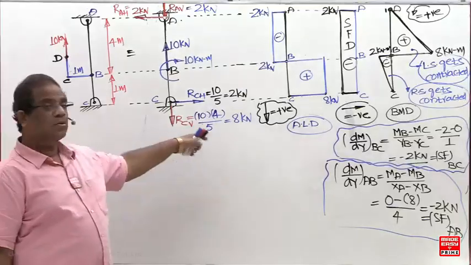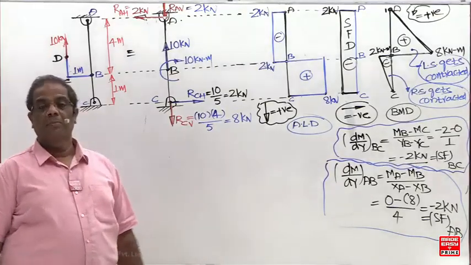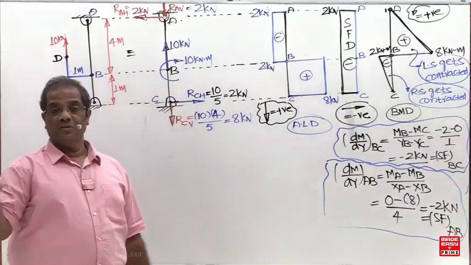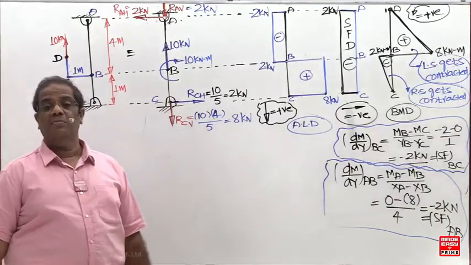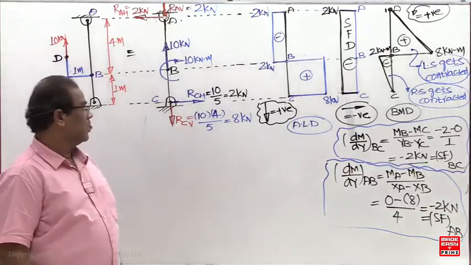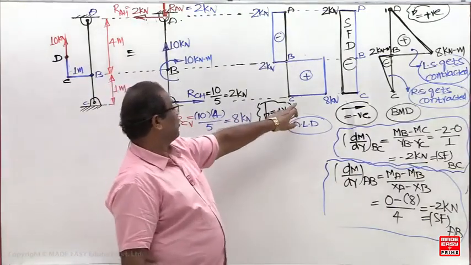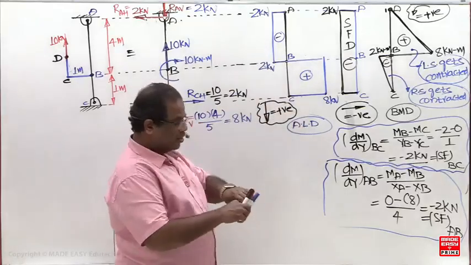In the workbook, a similar question is there. I slightly modified it because everybody is going to get a doubt. As 4 statements are given: maximum shear force, maximum bending moment, like this now. Maximum axial load. So write down the answers now. Maximum tensile load is how much? 8. Maximum compressive load is how much? 2.